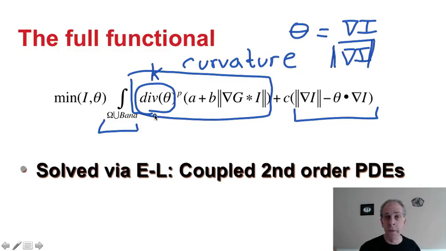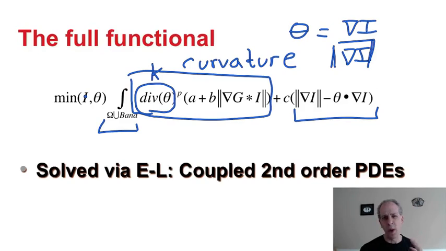Now, how do we solve this? Euler-Lagrange equations. But now we have two unknowns, theta and the image. It's exactly the same. You compute the Euler-Lagrange keeping I constant, for theta, that gives you one equation, and then you keep theta constant and you compute the Euler-Lagrange for I, that gives you the second equation.